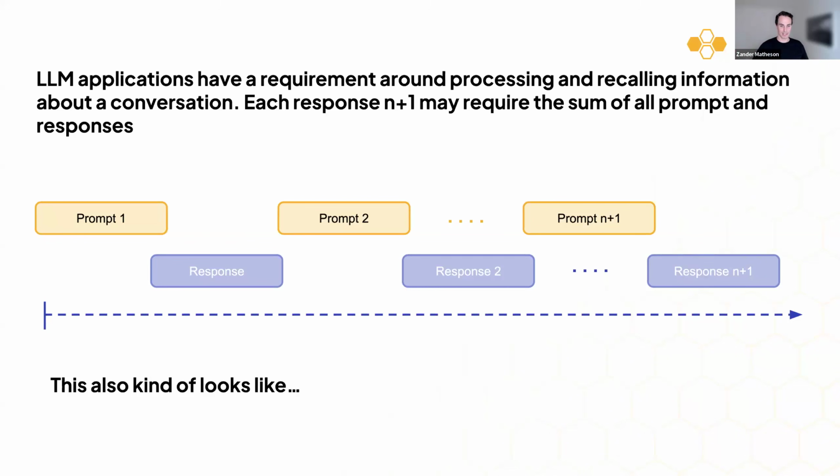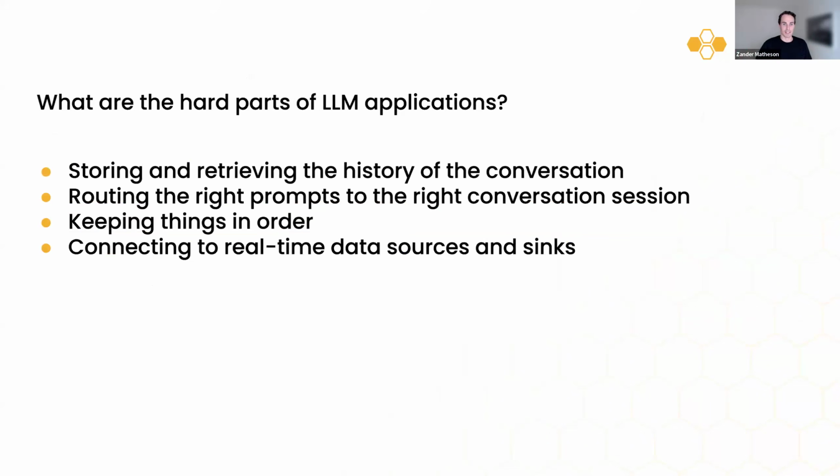That's what you see when you're interacting with things like ChatGPT. If you look at prompt 1, response 1, prompt 2, response 2, they're in order, and you need to know what's happened over that time, it looks like a stream of data.